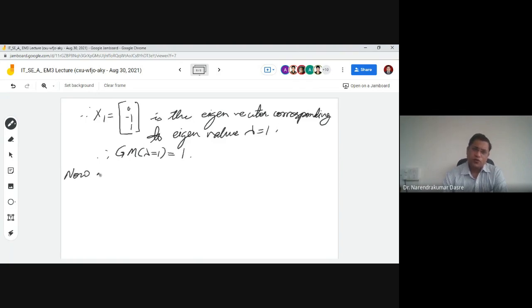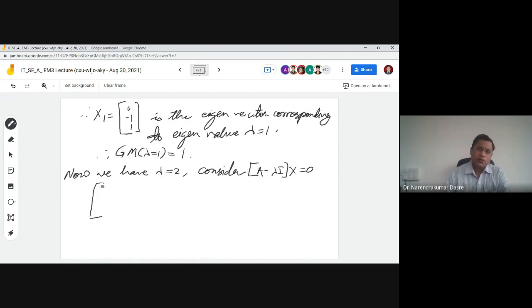So now we have, for lambda is equal to 2, what we'll do is consider determinant of (A minus lambda I) into x is equal to 0. Now lambda is equal to 2. So is it going to be 0, 0, 0?